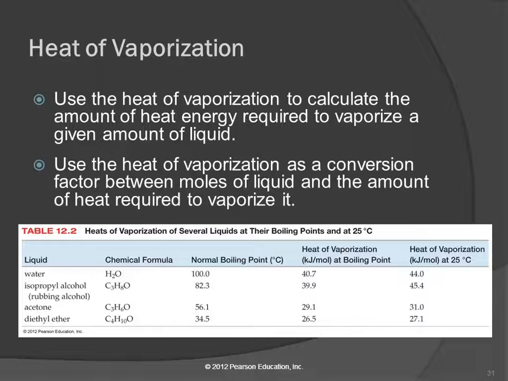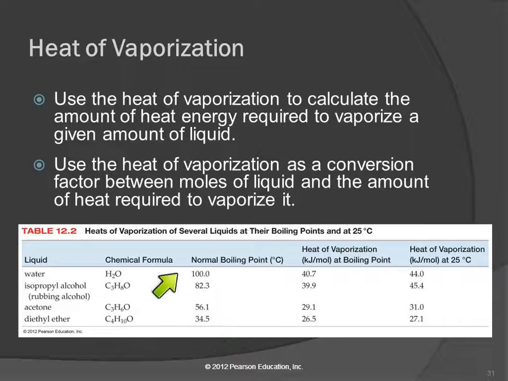We can use the heat of vaporization to calculate the amount of energy needed to vaporize a given amount of liquid. It works as a conversion factor between moles of liquid and amount of heat. And so you can look up these heats of vaporization in tables. They've given you Table 12.2 in your textbook, and this has 4 different compounds.